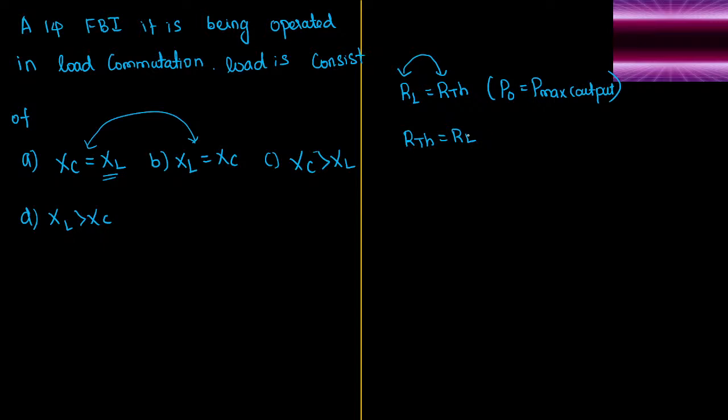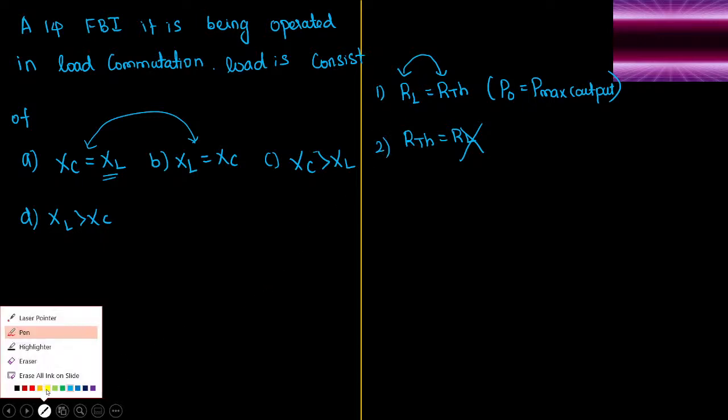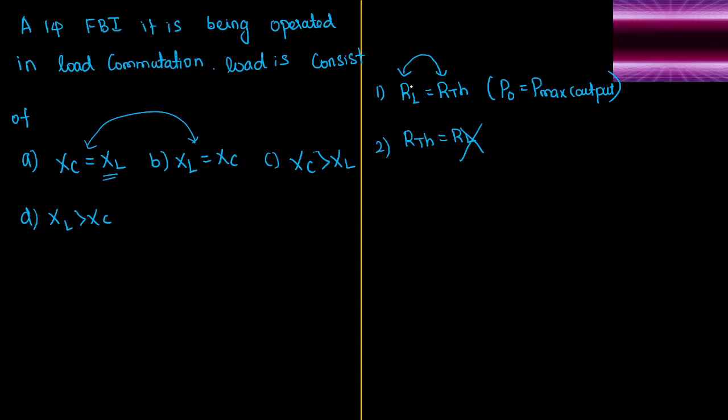We should not write like this. This is wrong. Why sir? Understand the difference between the first one and the second one. RL equal to RTH means the value of RL is variable. We keep on varying the value of RL, whereas RTH is fixed.